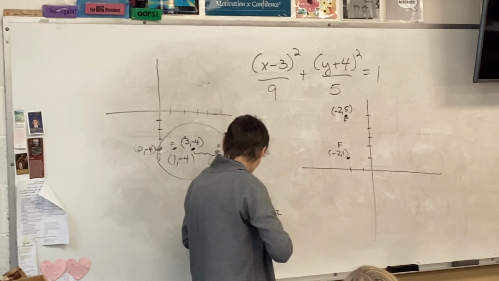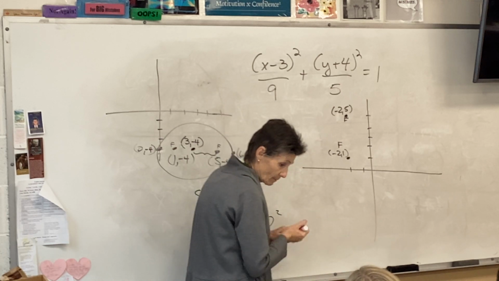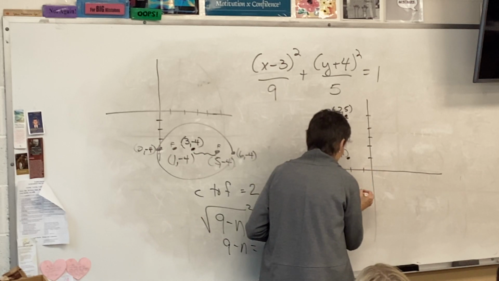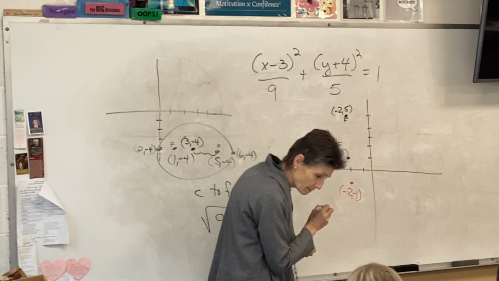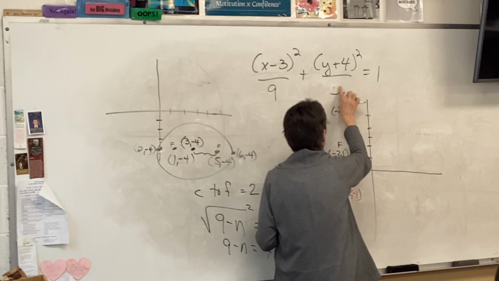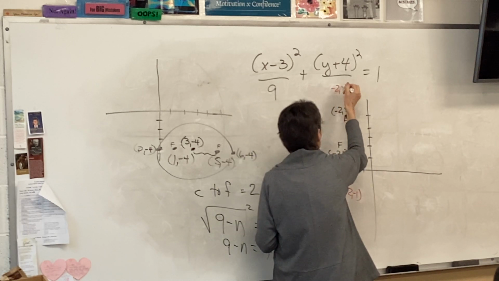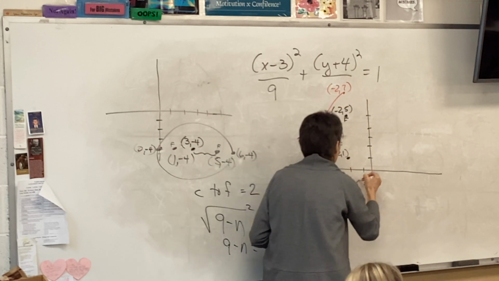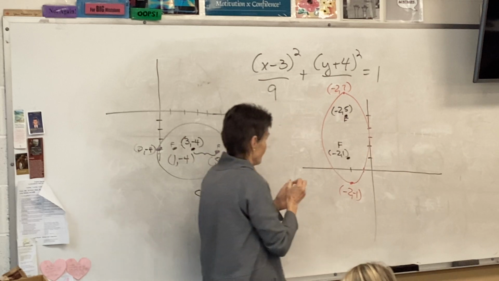Those are foci. -2, -1, and -2, 7 are the end points of the major axis.